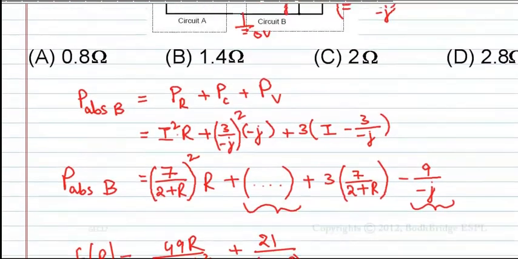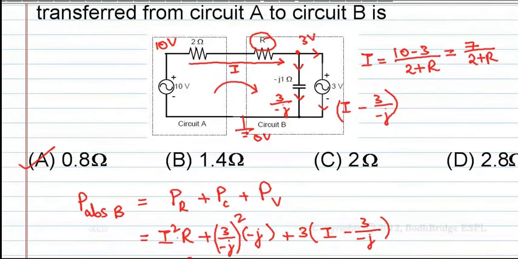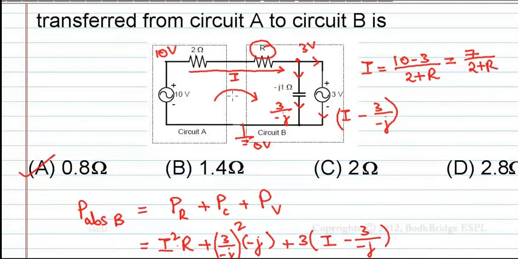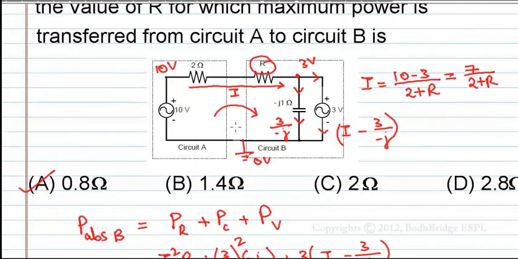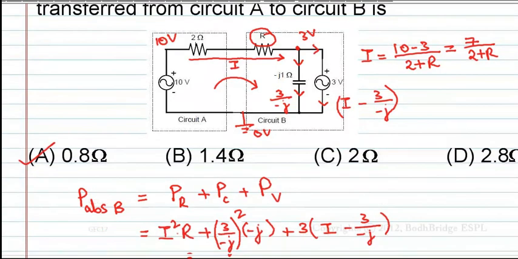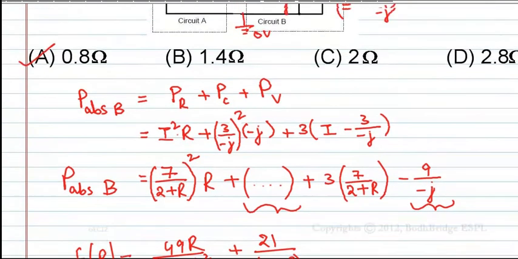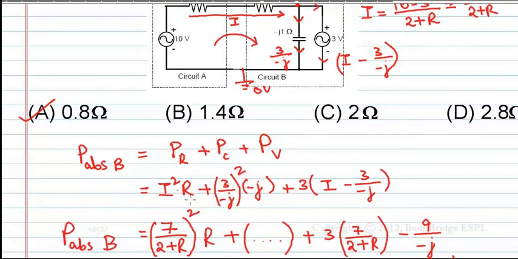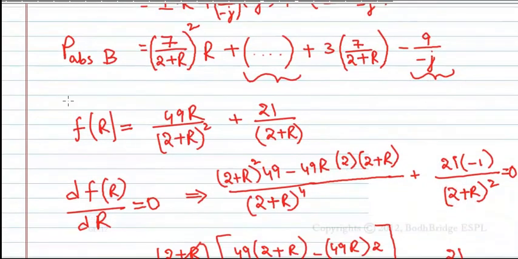Therefore what did we get? 0.8 ohm, which is option A. For this value of R, maximum power is transferred from circuit A to circuit B. What did I do? I calculated the power absorbed by circuit B from R, C and this voltage source. But the power absorbed by the capacitor is constant, so it doesn't vary with changing R and need not be considered for the optimization problem.